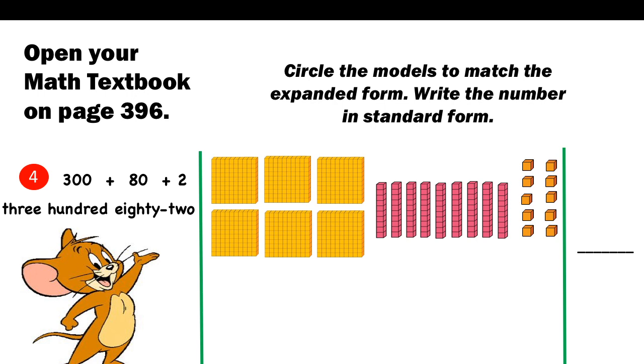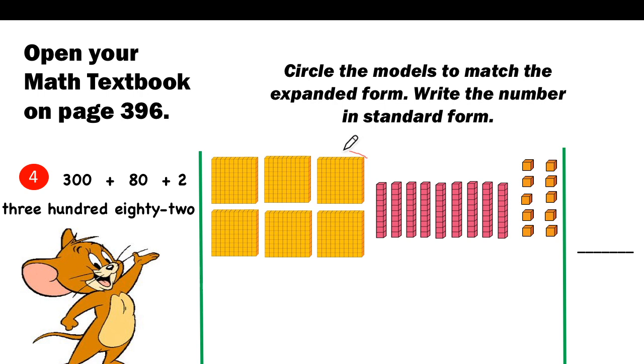Let's go to the next one, number 4. Again, we will circle the models to match the expanded form. Look at the expanded form. 300 plus 80 plus 2. This is expanded form. Here we have the written form, 382. So expanded form says we start with hundreds. How many hundreds will we circle? 3 hundreds.